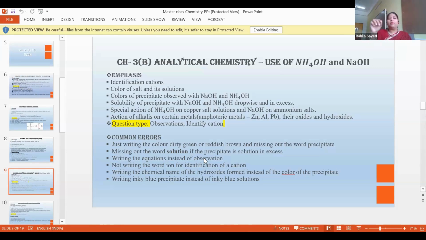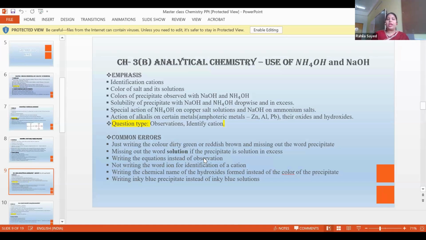You write a pale blue ppt is formed. But if in the question they have asked you, what if we add it in excess? So you have to mention after adding it in excess, what is going to happen. So the color of the precipitate and the solubility of the precipitate has to be mentioned everywhere, wherever the observation type of question is asked.